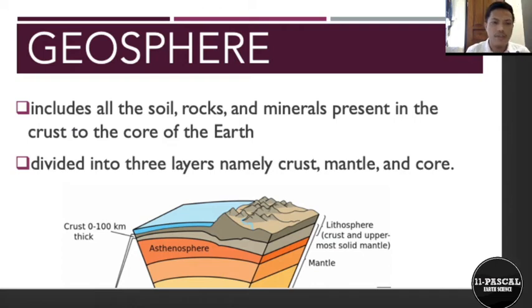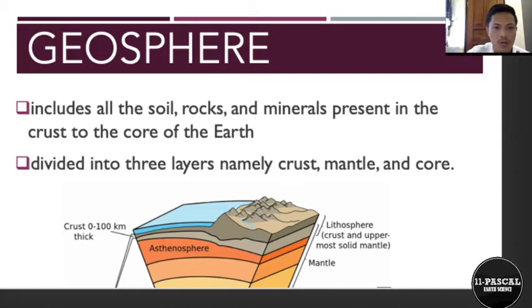Is the geosphere. So it includes all the soil, rocks, and minerals present in the crust to the core of the Earth. So from the lithosphere down to the core is what comprises the geosphere. It is divided into three layers, namely crust, mantle, and core.